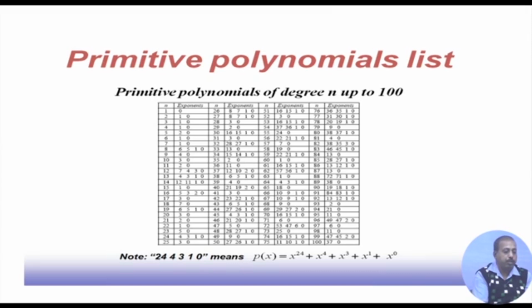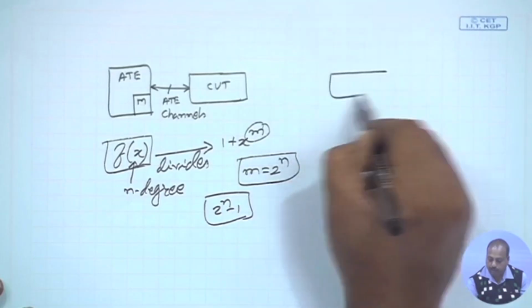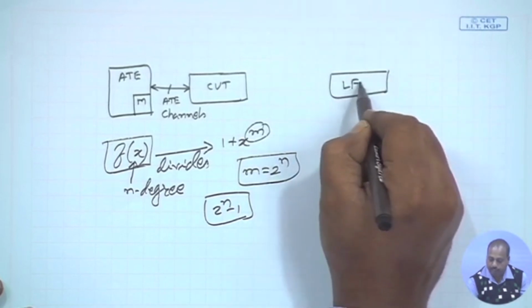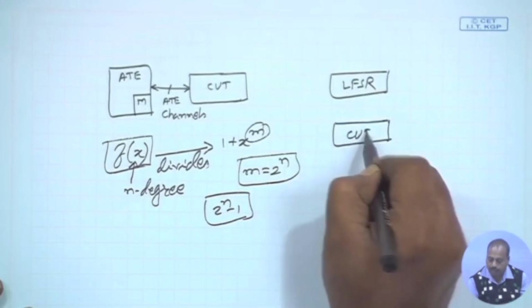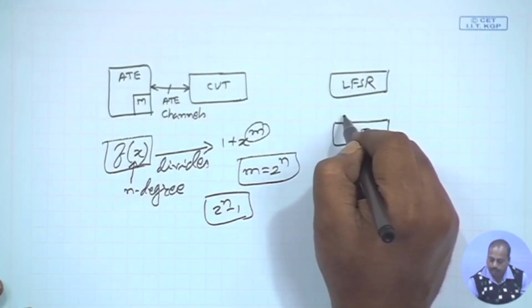So, for our purpose, whatever polynomial we need, if I have this LFSR to act as the test pattern generator, and we have to feed it to some circuit, and this circuit has, say, 100 inputs.